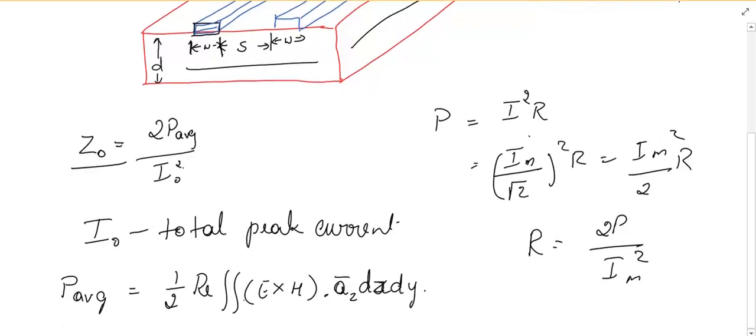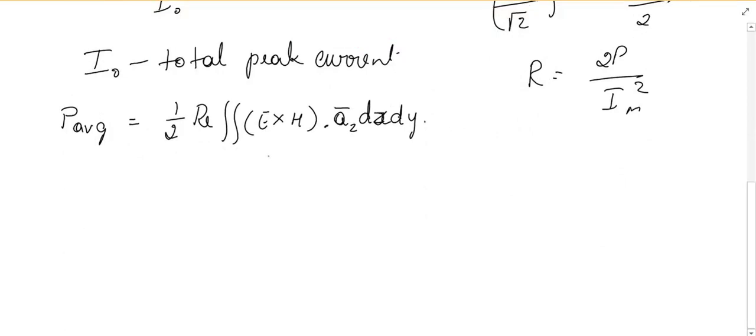Power density is the expression that can be derived from our Poynting theorem, right? If this is along x and this is along y, it is half of the real part, only the real part, of the double integration of Ex into Hy complex conjugate, dot Az, dx dy. Why is it dx dy?